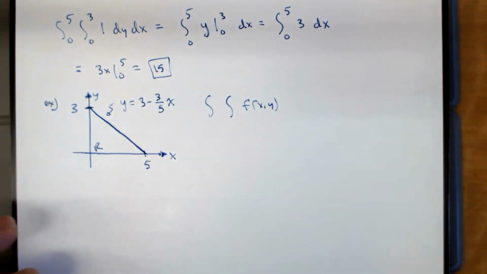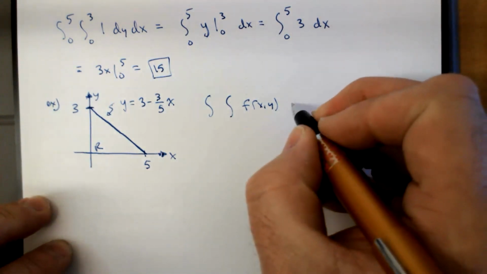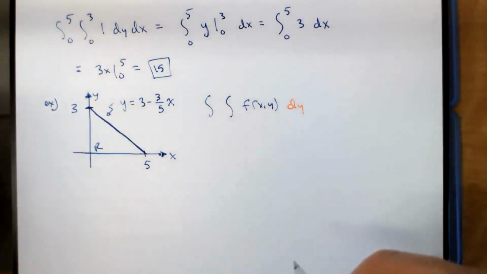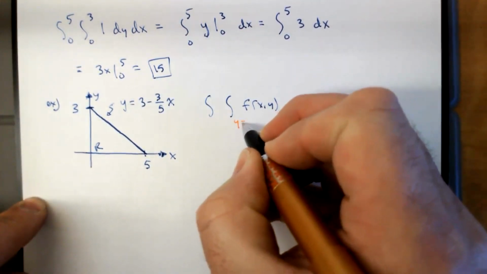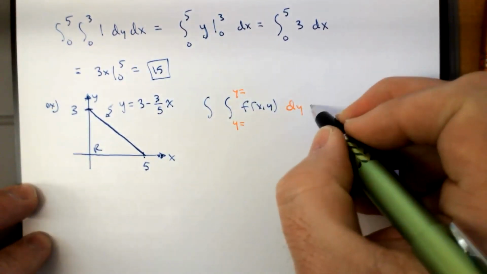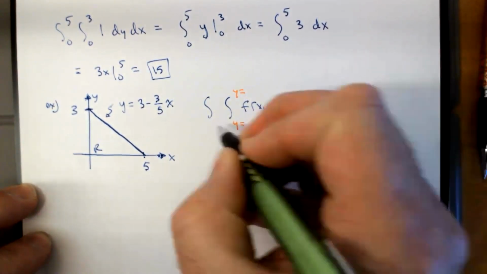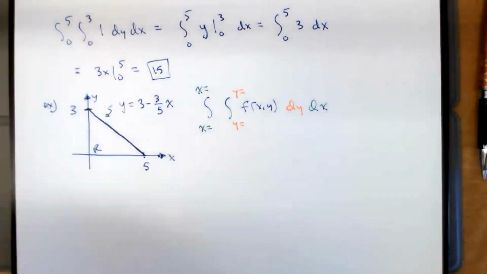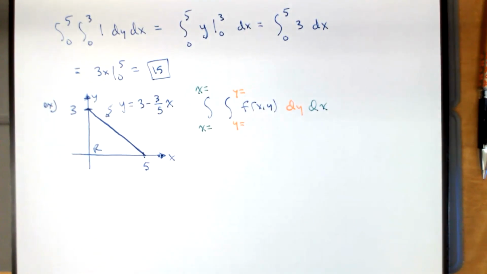Let's describe this as a dy dx integral. So this first one is going to be y equals to y equals, and then the second one dx will be x equals to x equals. Because we know that the last integral has to be constants, it's the most convenient one to start with.